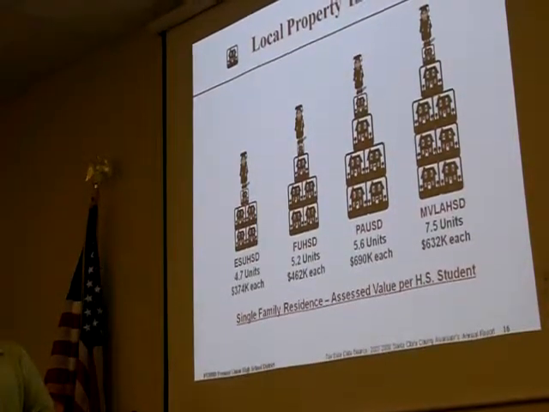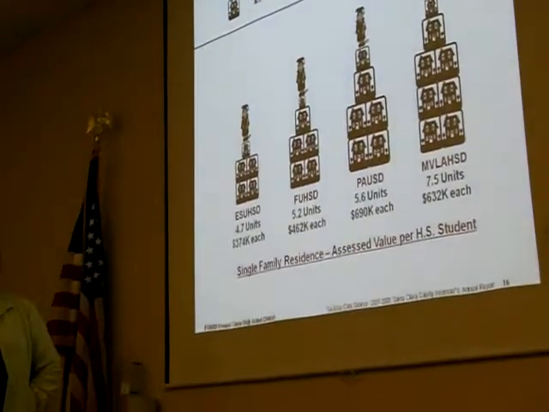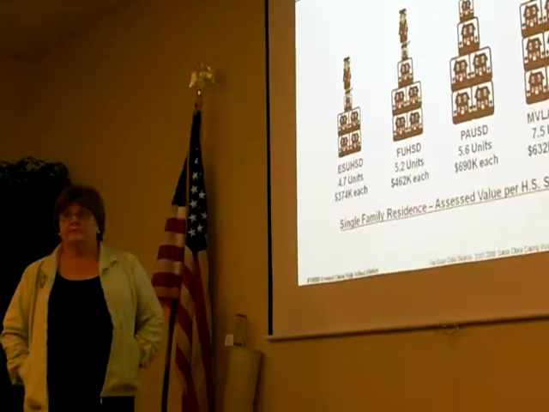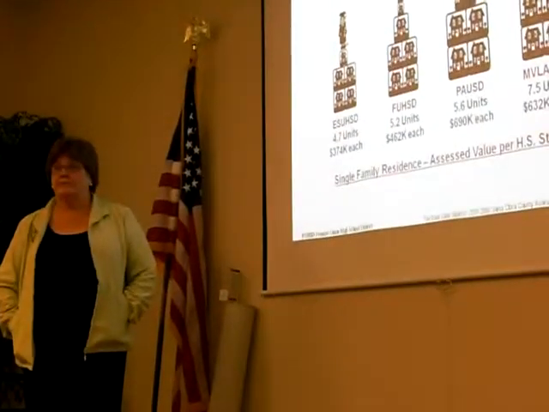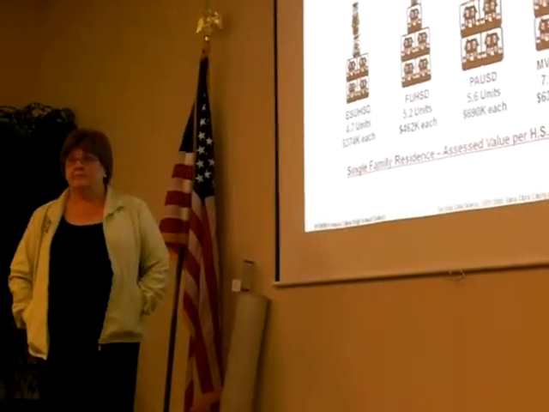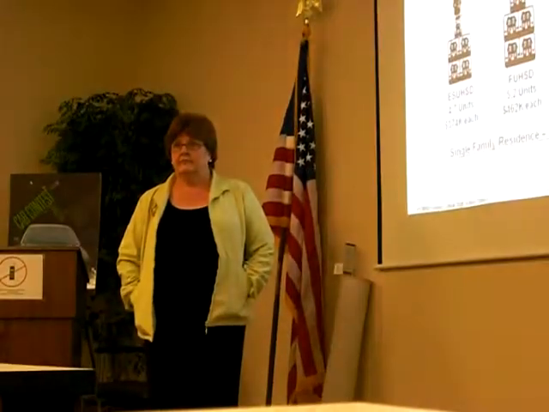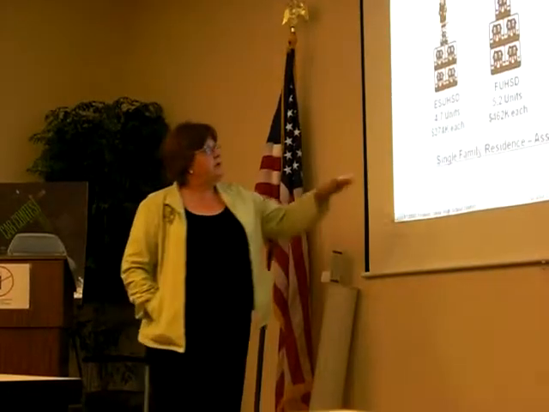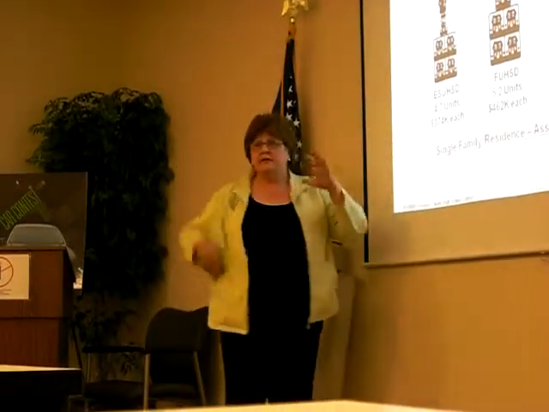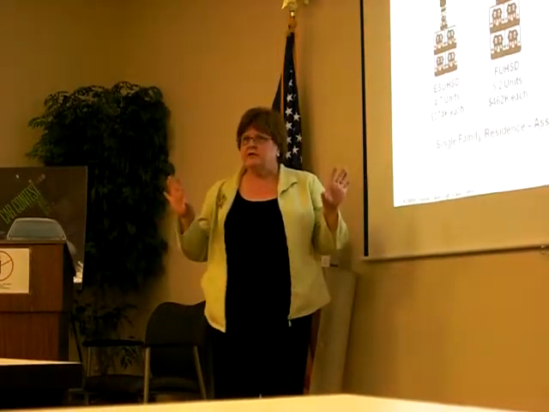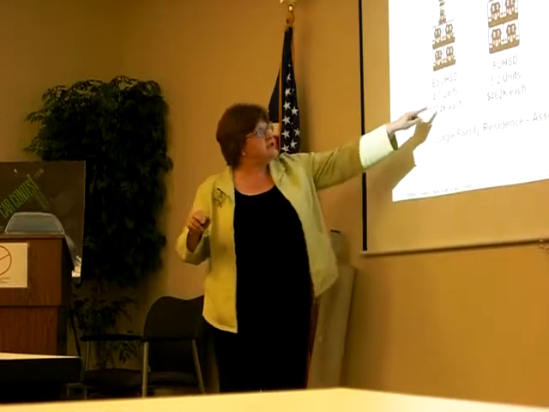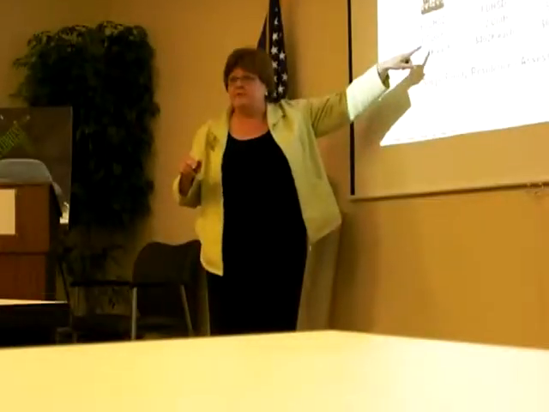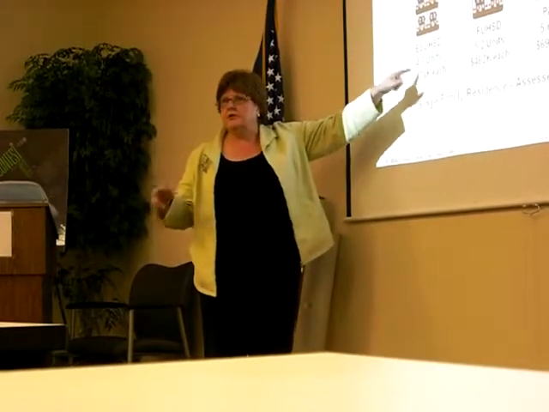Question? Yes. I'm confused a little bit on the way the ratios work there. It would seem to me that Eastside, being that the homes have such smaller lots, well, parcels, isn't it how many houses there are? Well, right, based on the number of parcels that are in the Eastside Union High School District's boundaries, divided by the number of students, each student is supported by 4.7 homes, including condos.